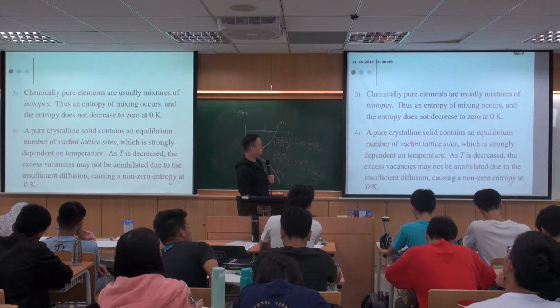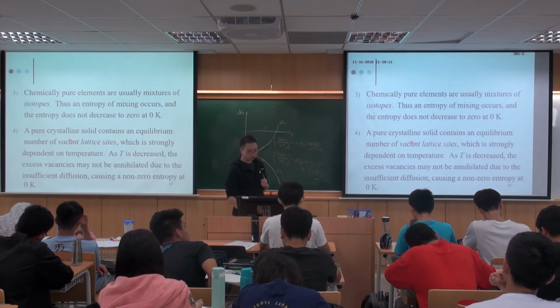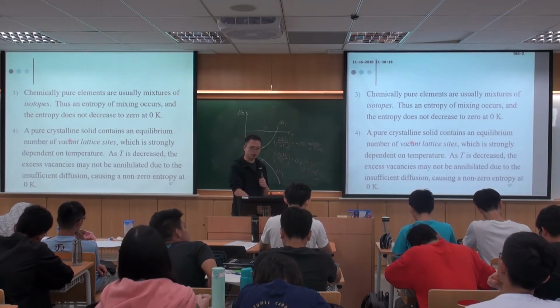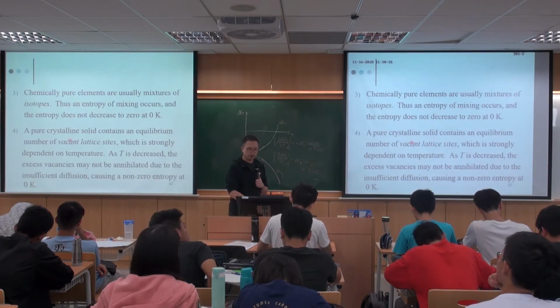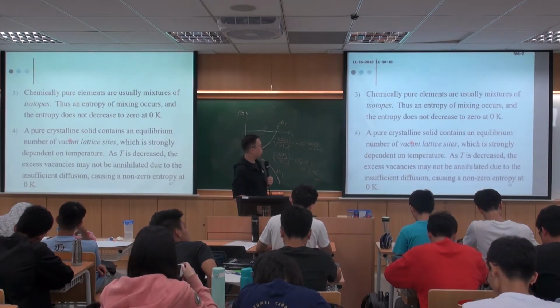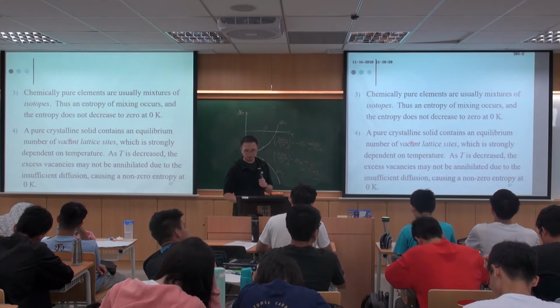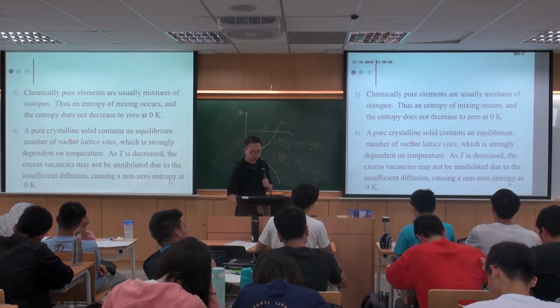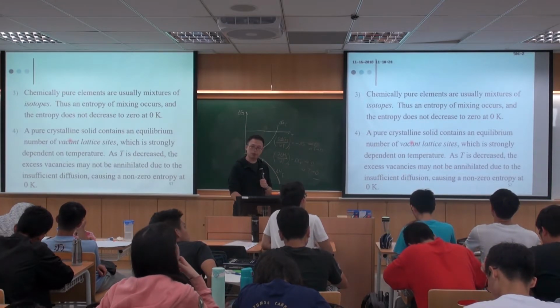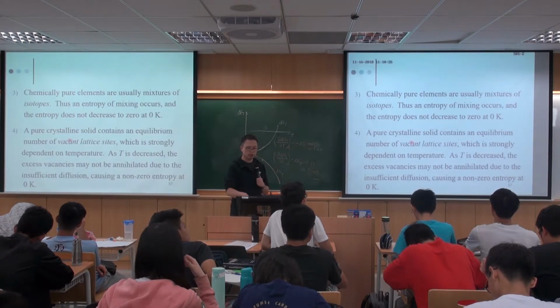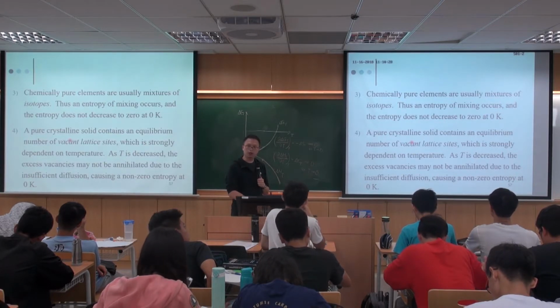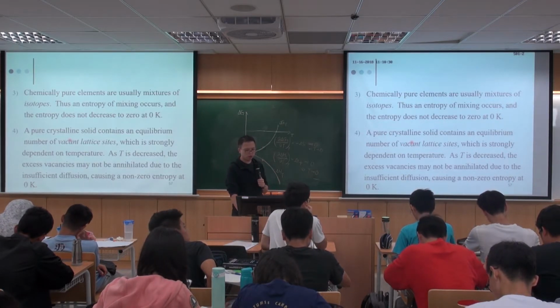So you have different possibilities. Therefore, as long as you are dealing with non-perfect crystals, the third law is also not going to hold, because when you go down to 0 temperature, the dislocations and the vacancies are still trapped in your materials.